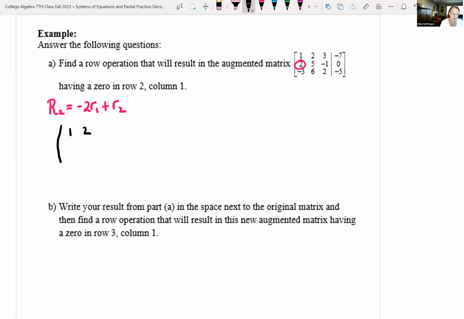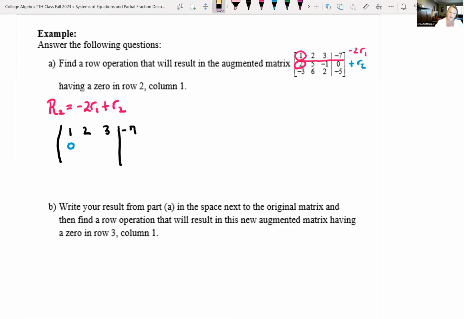So I'm going to rewrite row 1: 1, 2, 3, vertical line, -7. And now we're going to do the operations. So -2 times this row, and then adding it to the next row. So I have -2 times this 1 is -2, plus this 2 here is 0.